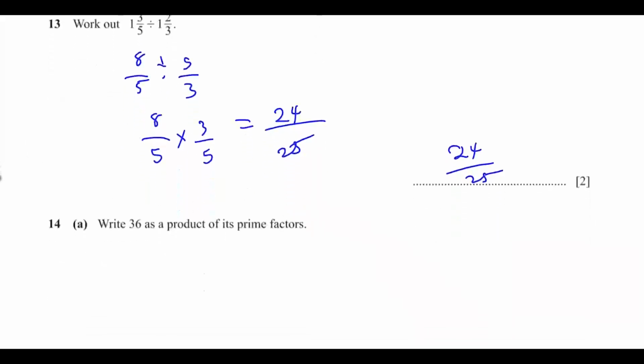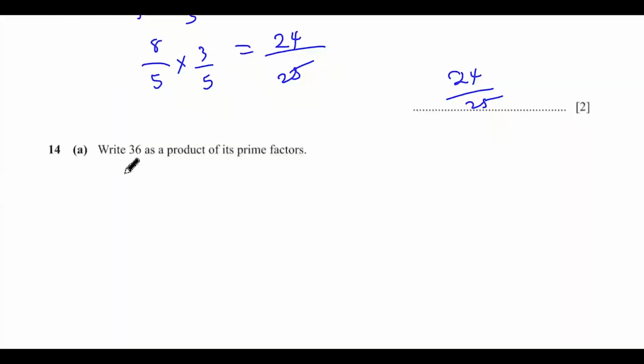So 14a, write 36 as a product of its prime factors. So you can just find two numbers whose product is 36. So you can say 2 times 18, that's 36, or 3 times 12, or 4 times 9. So you can start with any product. We already have 2 here, no problem.